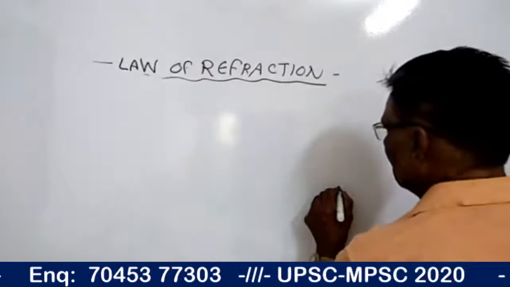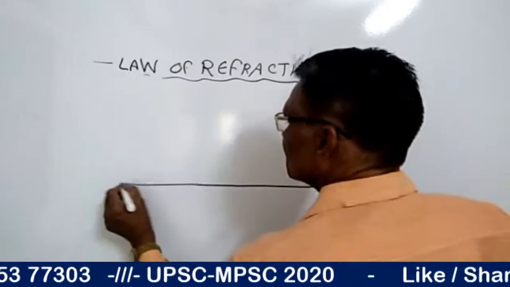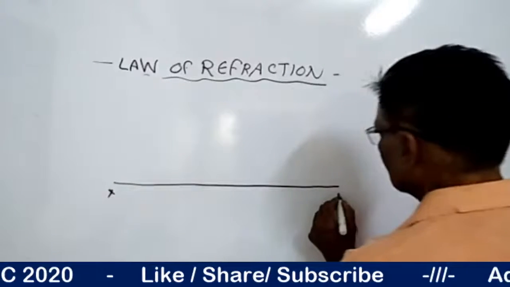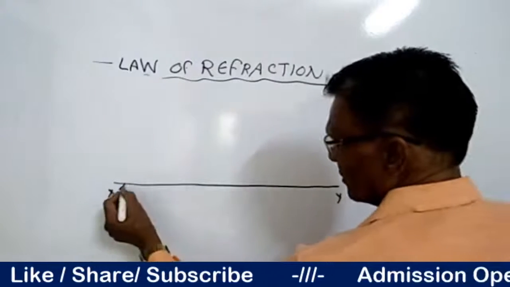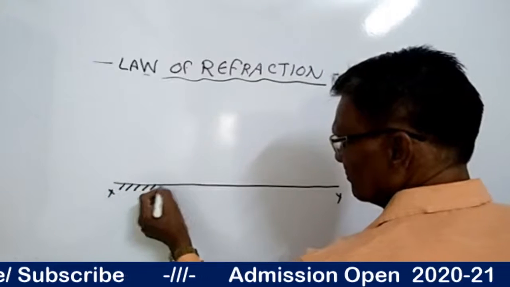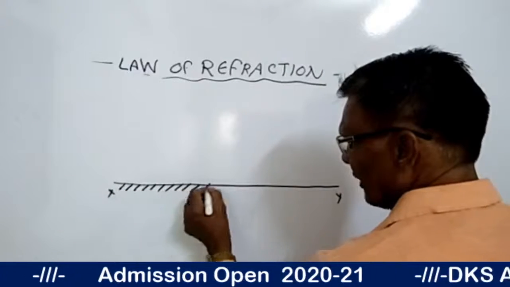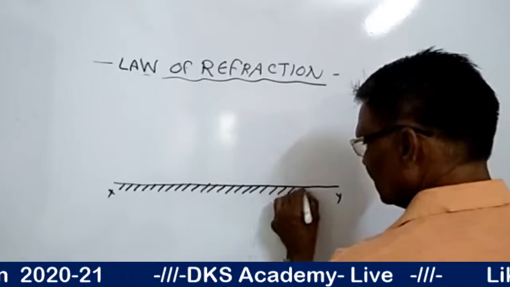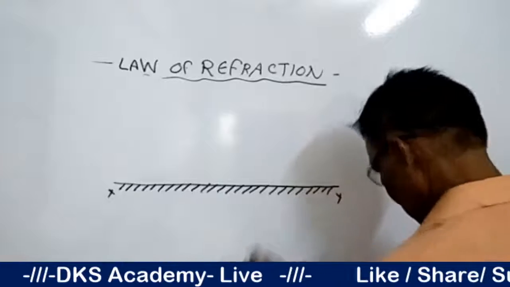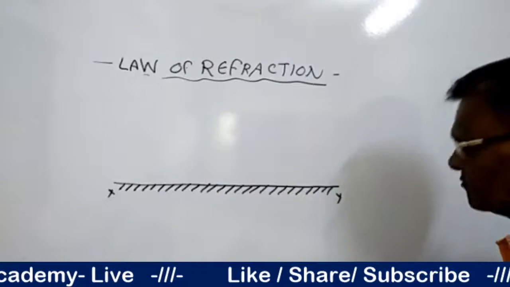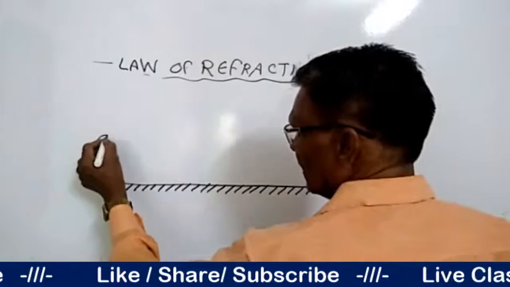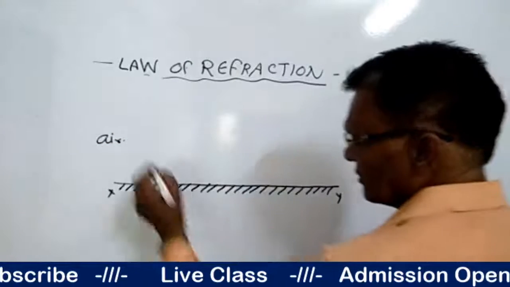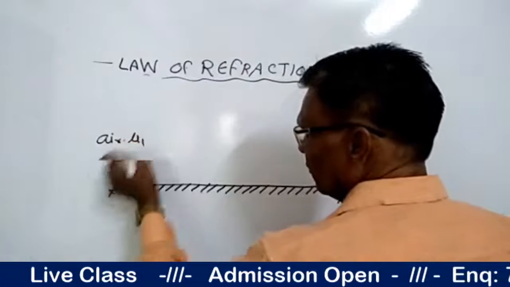So as usual, first we will draw XY, that is plane. XY is a plane. Here air is medium, refractive index mu1.